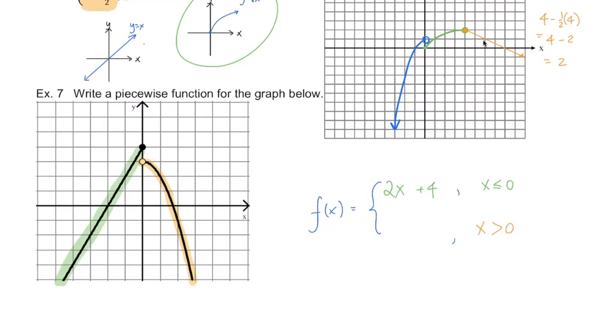So that's a parabola opening down, so it's minus x squared. And then the whole graph is moved up by 3 units, so plus 3. You may also write 3 minus x squared. That's okay, they're equivalent, no problem. You can write either one of these 2.